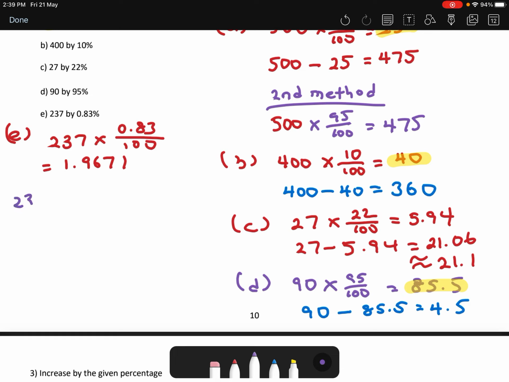Okay, so 237, you minus away 1.9671. You should get about 235.0329. Alright, so this is the answer for E. Okay, if it's too fast, you can pause. Then after that, you can rewind to check your answer.